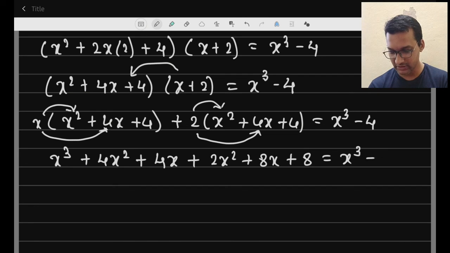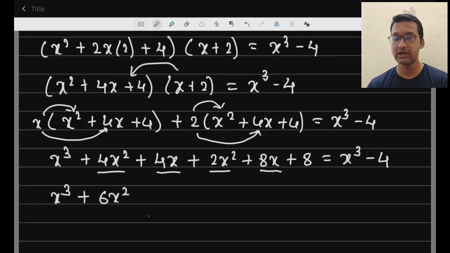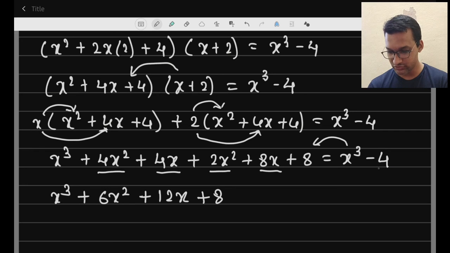x cube minus 4. Now let us add the similar terms. Now on the LHS side you can see 4x square and 2x square are similar terms, so we can add them. x cube plus 6x square. 4x and 8x are similar, we can add them, we'll get 12x plus 8. Let us bring these terms also on the same side.